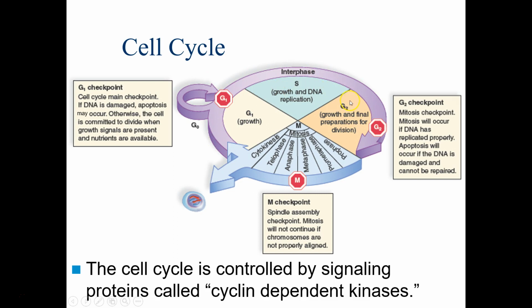The main 3 that we're going to be looking at here have to do with properly dividing, and the metaphase checkpoint is not as huge of a deal for us today, but the G1 and G2 checkpoints, these are basically like, we want to check the DNA before it's replicated, right? Because if your DNA's got a mutation in it and then you replicate it, well, now you're out of luck because you've got 2 mutations. So you don't want that. So you want to make sure that the DNA is all fine and dandy before you do DNA replication.